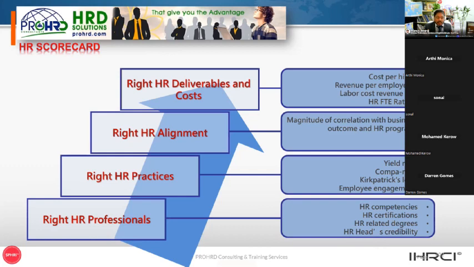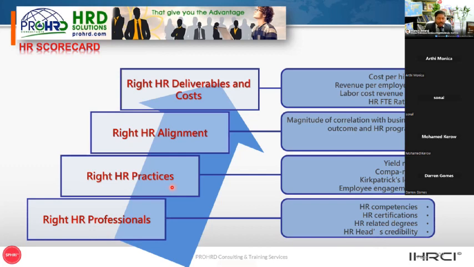The right HR, sometimes they cut down. Right type of HR alignment: are our HR practices aligned with the business strategy and differentiated across the positions where appropriate? Right HR practices: you need to ask questions of your management, or introspect yourself.